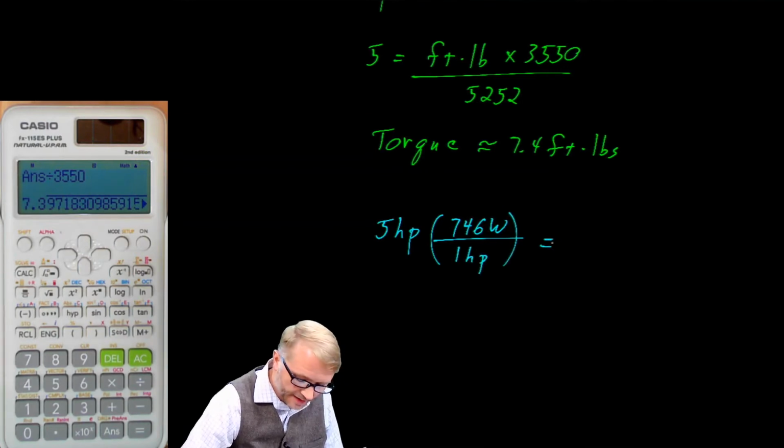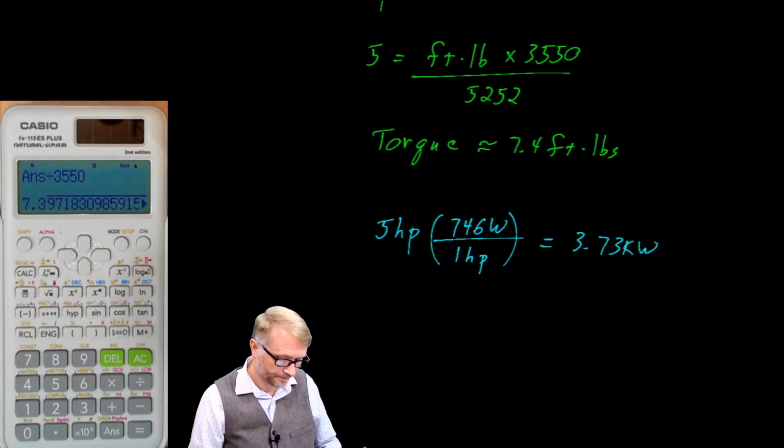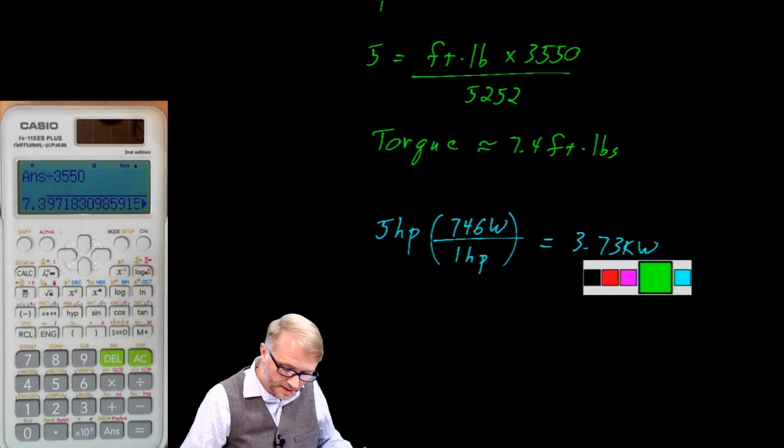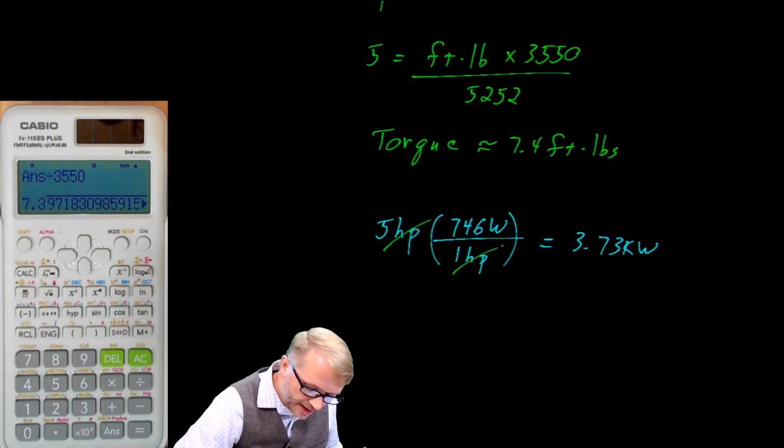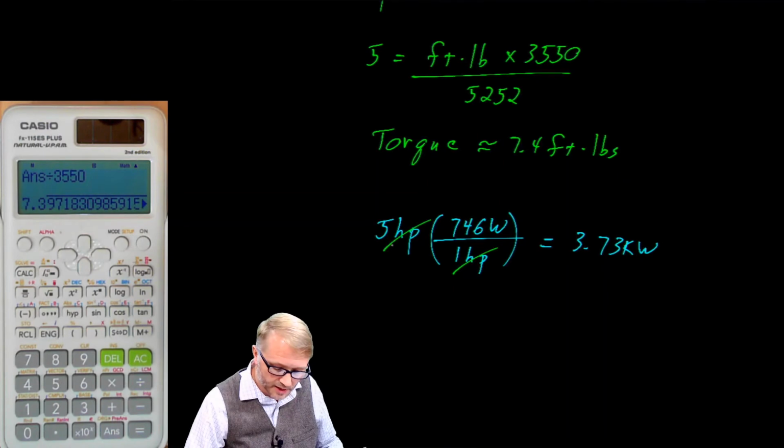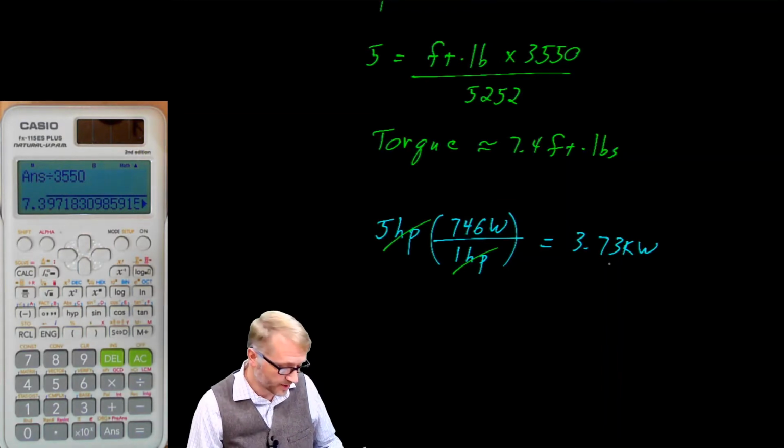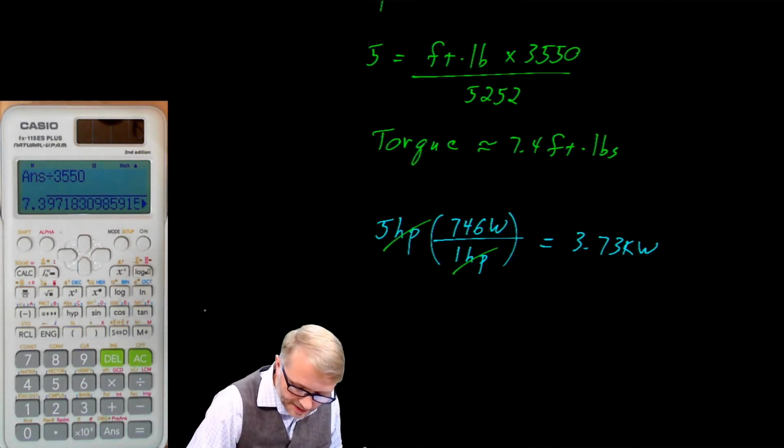And you multiply that and you'll end up with 3.73 kW. Again, dimensional analysis, the units cancel out. So we start out with 5 horsepower, we multiplied by 1, which is essentially what this ratio is, and we arrived at 3.7 kW. Right, that wasn't so bad.